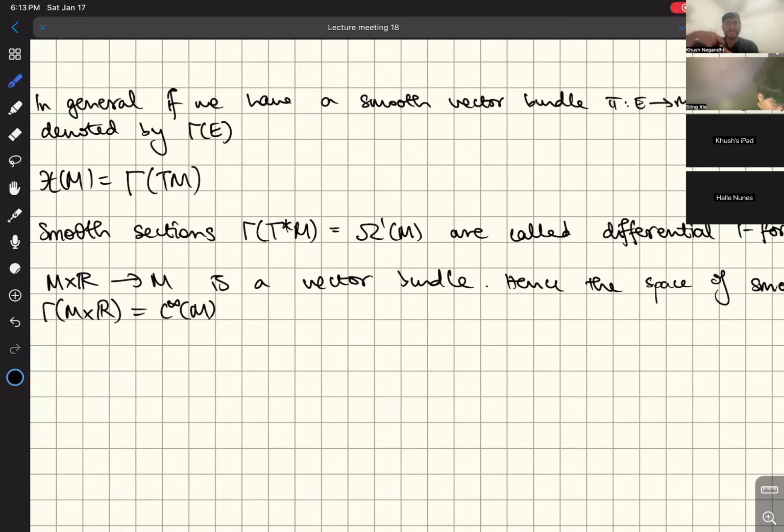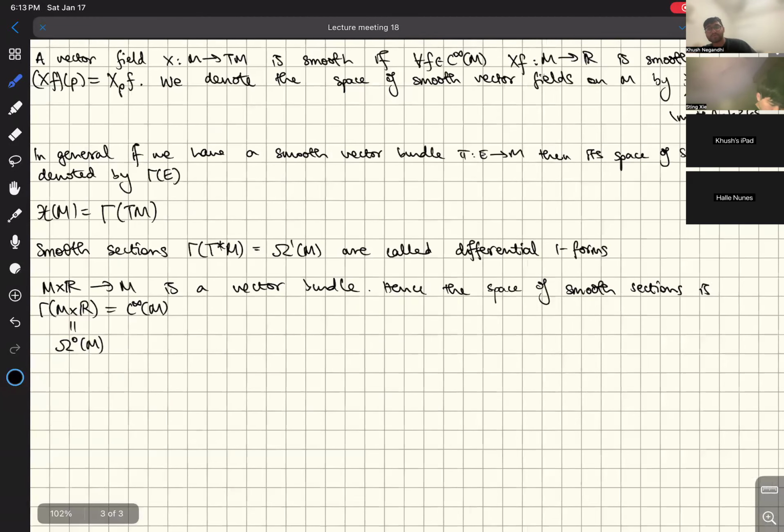You can identify it, but you can also call it equal. For this reason, we'll also call this space omega 0 of M. So the space of differential zero forms are just smooth functions on M. Are there any questions?